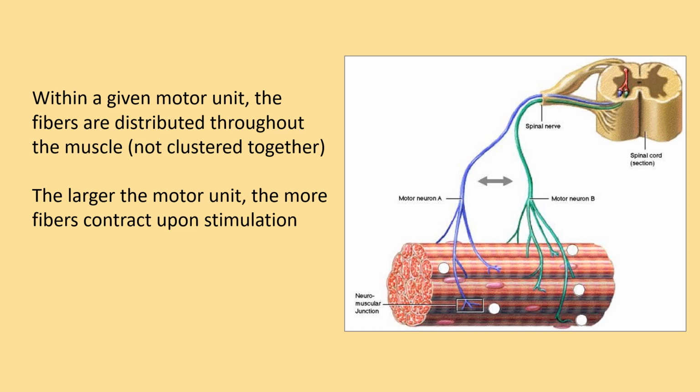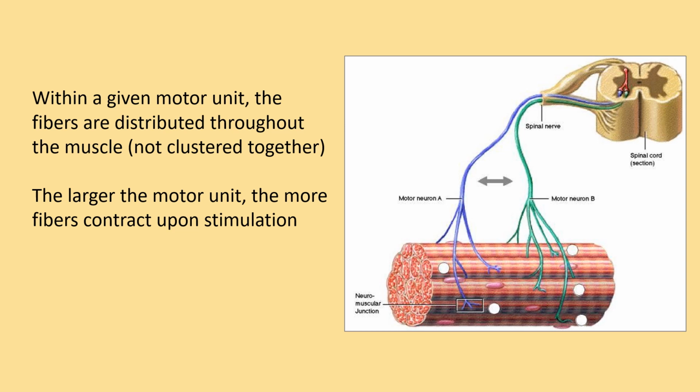So we see the blue motor neuron A, and we see the green motor neuron B. For each motor neuron, A and B, we can see that they innervate a different collection of muscle cells, all within the same muscle. We can pretend that muscle is biceps brachii, and we're looking at 2 motor units that are part of the biceps brachii.